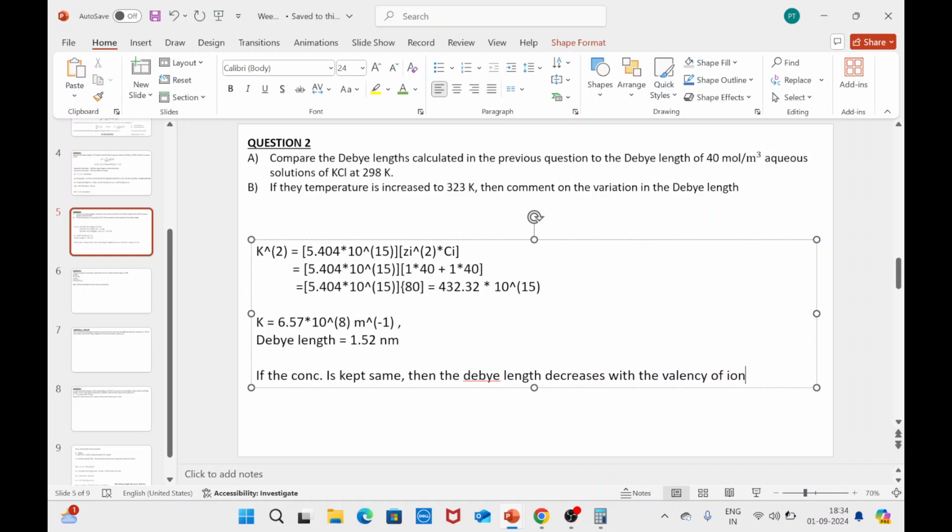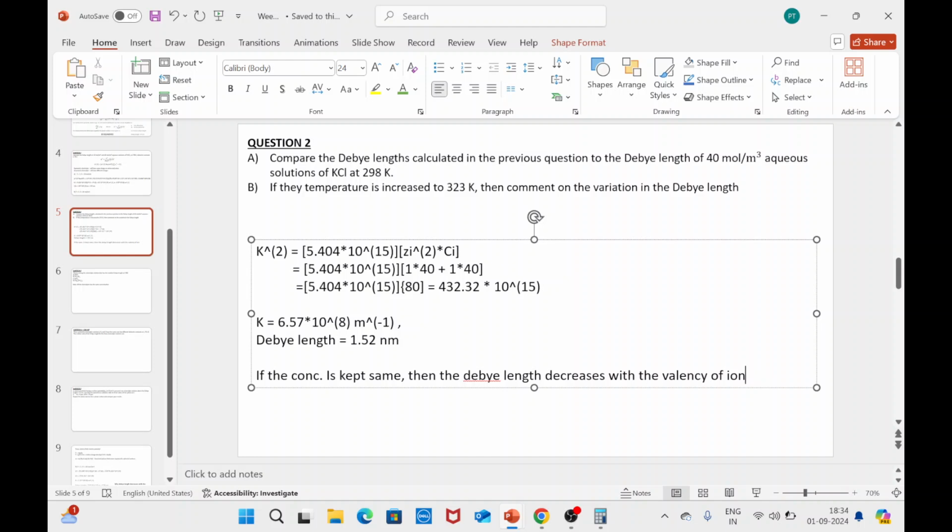Correct? Because KCl has more Debye length compared to zinc sulfate. The valency of zinc sulfate is greater, KCl has plus 1 and minus 1, zinc sulfate has plus 2 and minus 2. So zinc sulfate has more valency, but its Debye length is less compared to KCl.